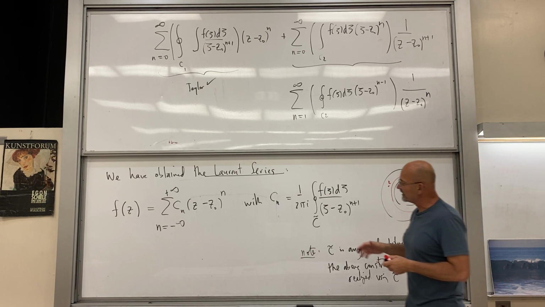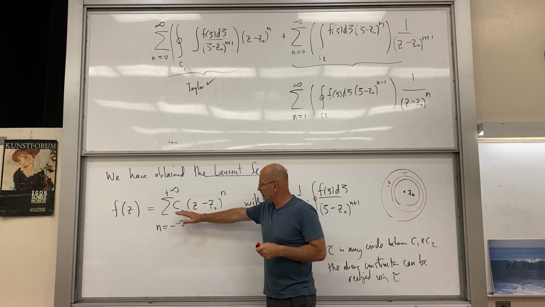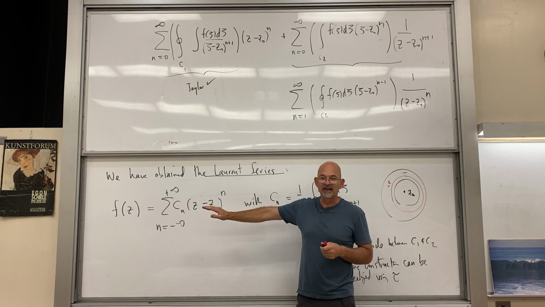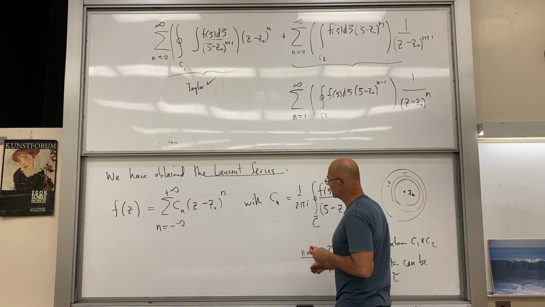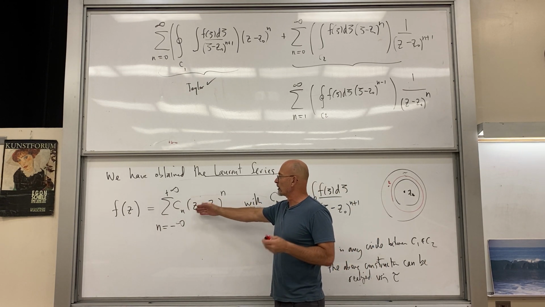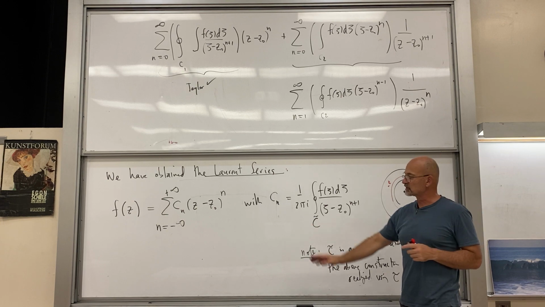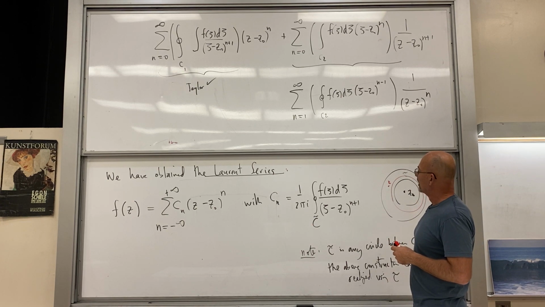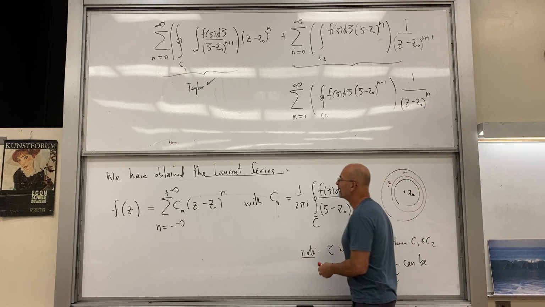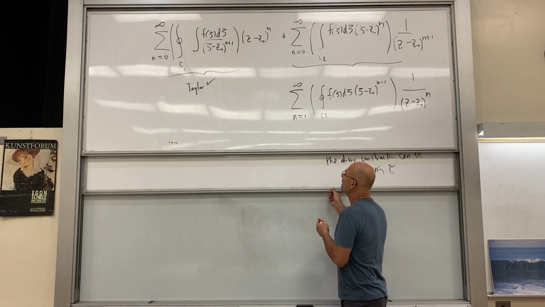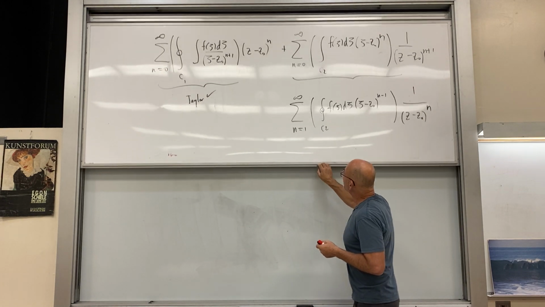And because it has these negative powers, we're going to have a classification of singularities, because you see once you have 1 over z or 1 over z squared, etc., you have singularities built into your function. Okay, I think that suffices for now.